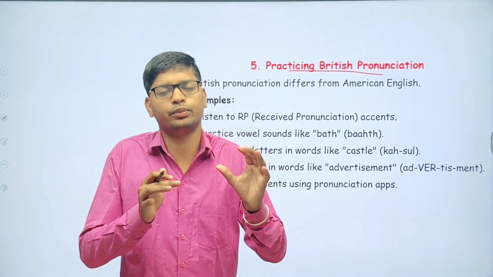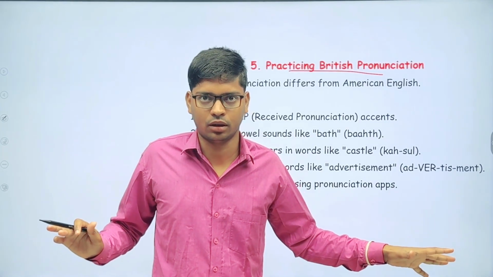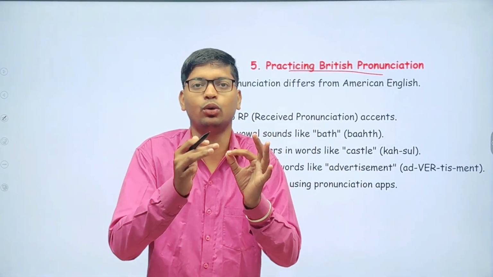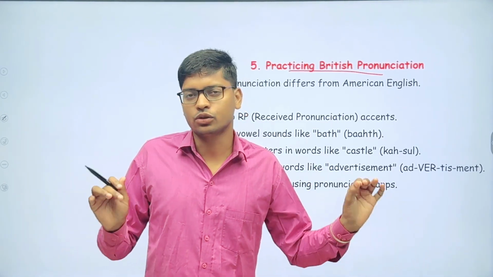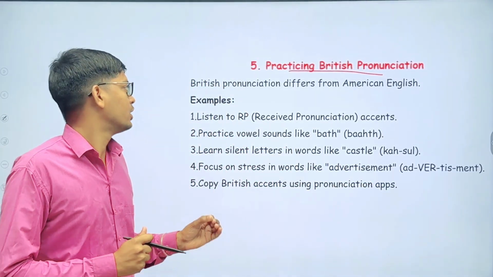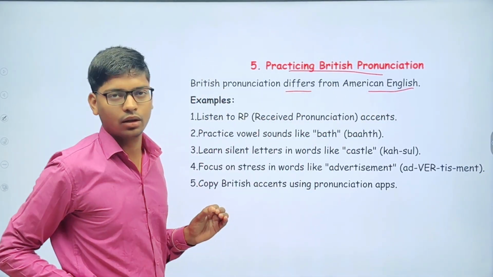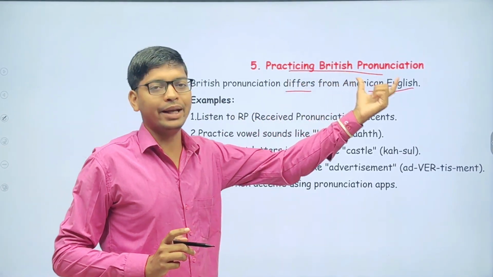All types of pronunciation rules are different here. But if you want to speak like a Britisher, then you have to know the British English pronunciation rules. So this is a very important thing. British pronunciation differs from American English.